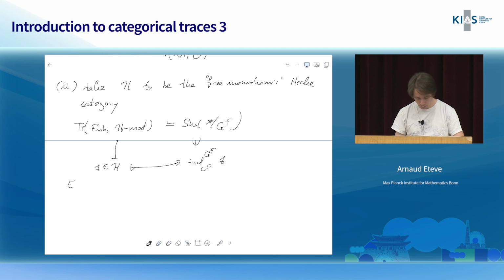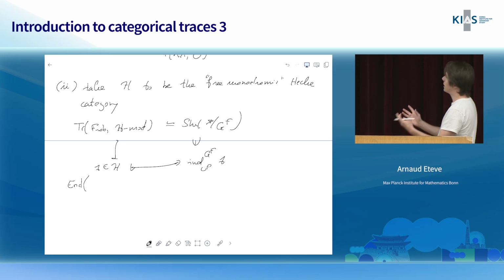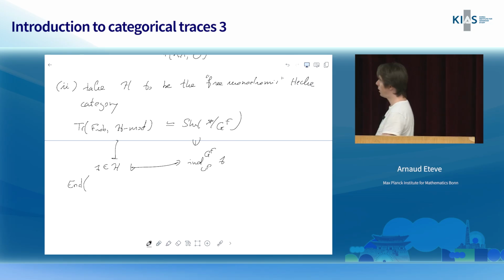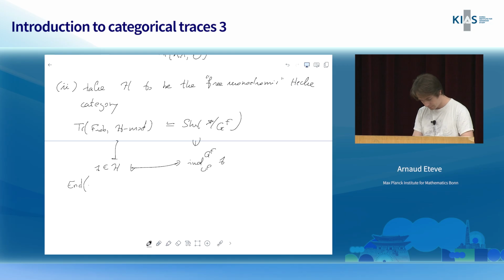And the endomorphism of that thing here, sometimes people call this the monodromic Hecke algebra. It's a Hecke algebra.